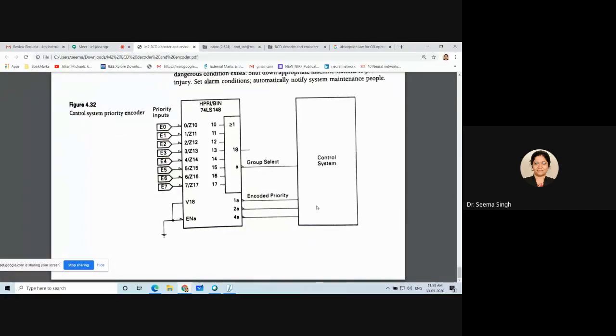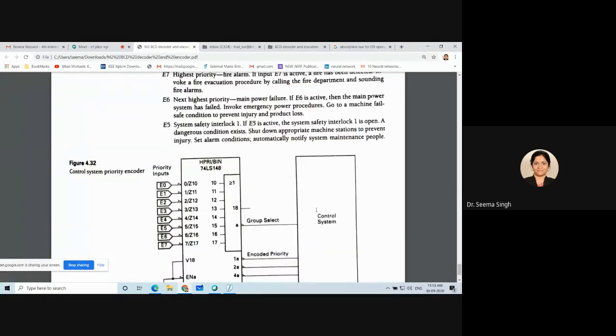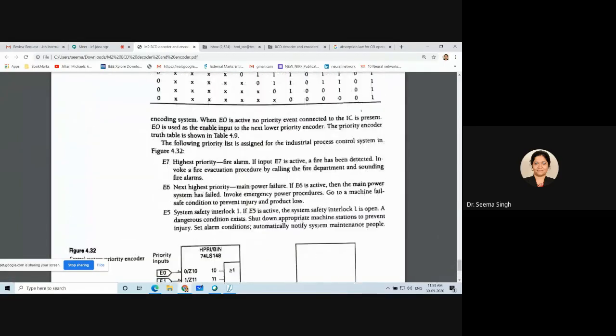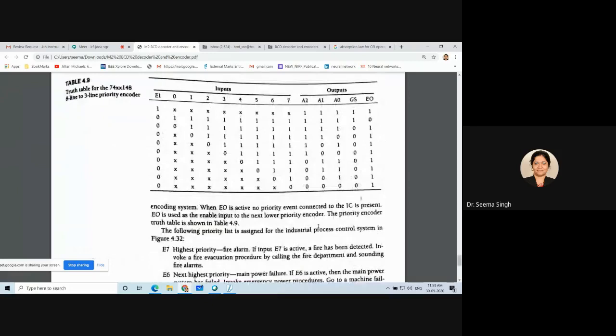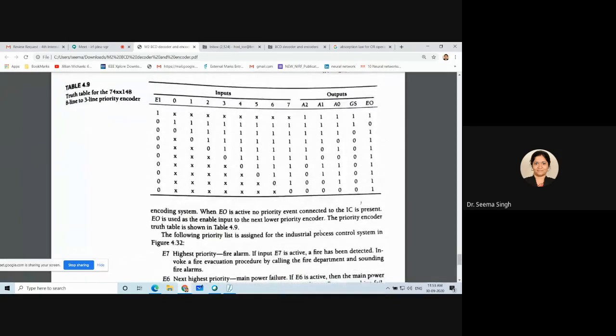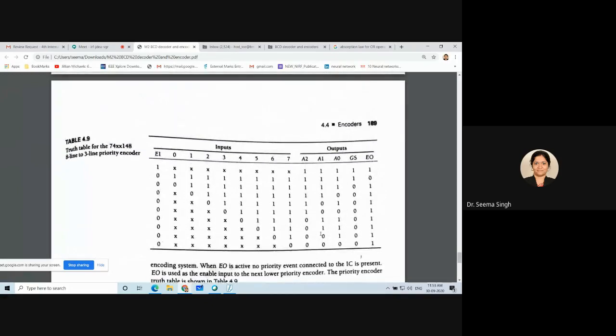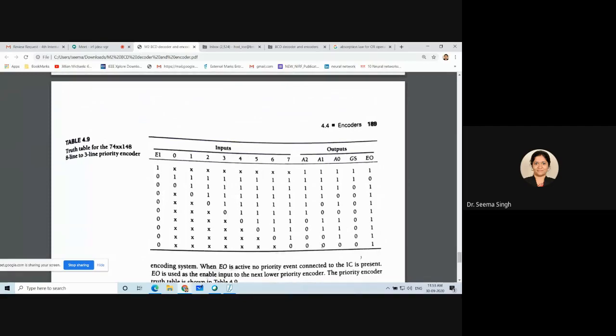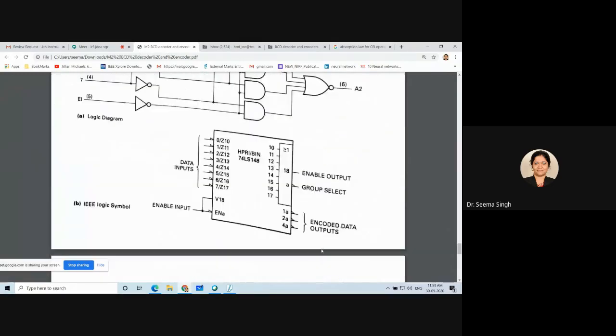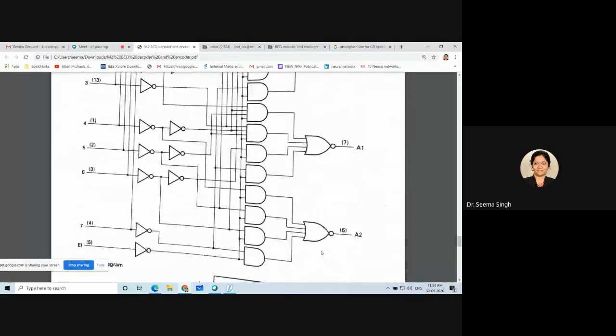So this is how encoders are cascaded also, to make a higher order encoding system. So this is all about 74LS148. This is shared with you. Have a look. Any doubt, you have to come back to me.